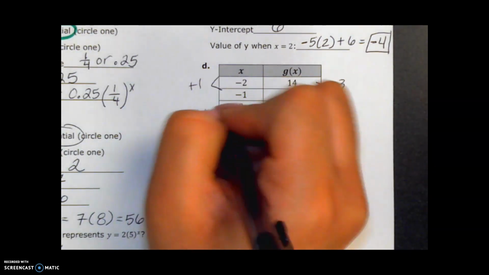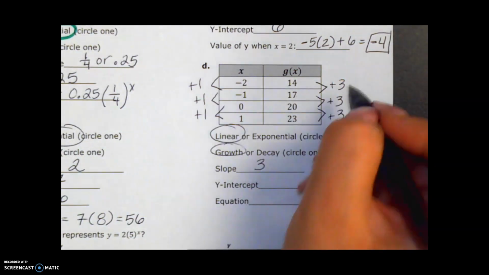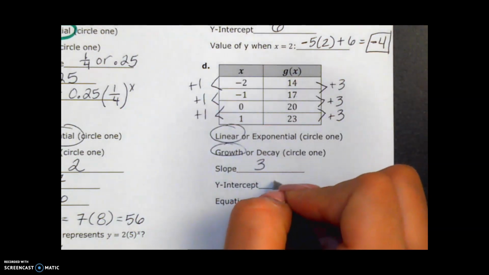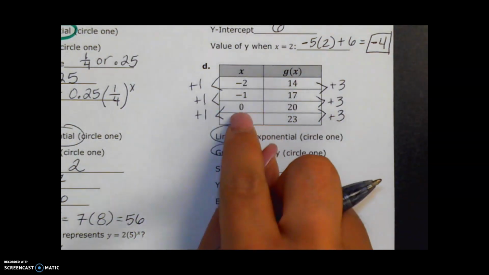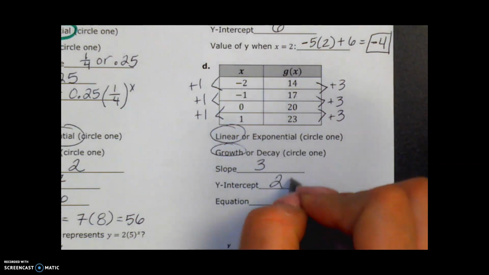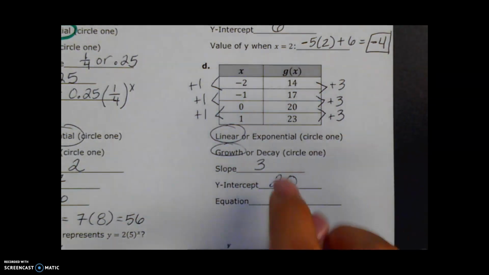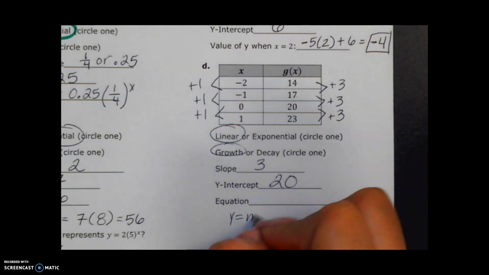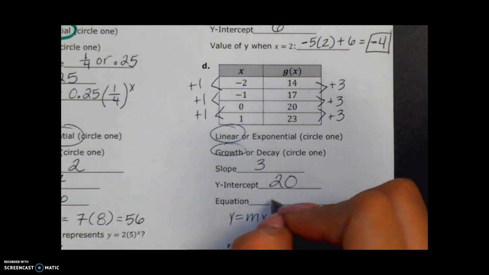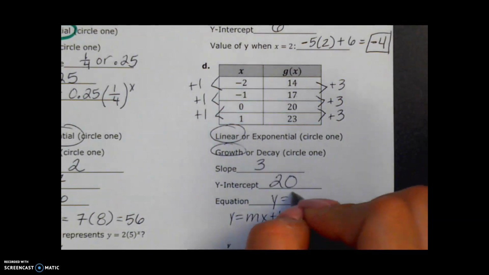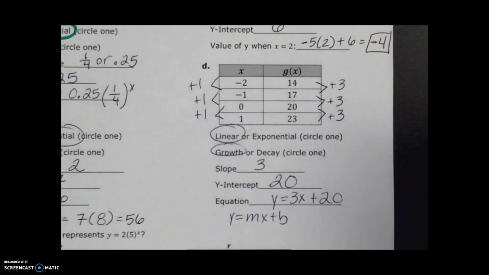These are always being added by 1 over here, so 3 over 1, that is my slope. Y-intercept, that's when x is 0, y-intercept is 20. So my equation for y equals mx plus b, that's going to be y equals 3x plus 20.